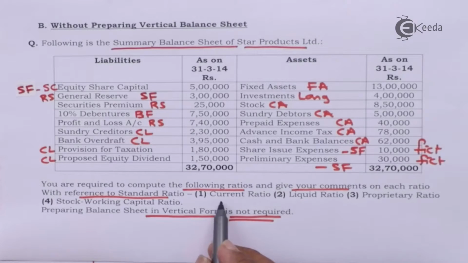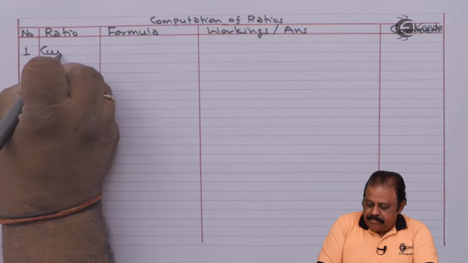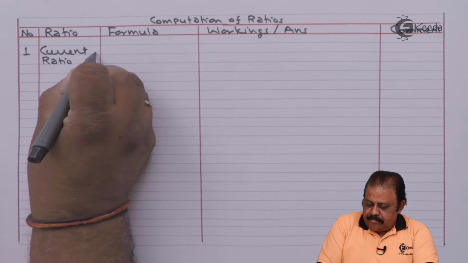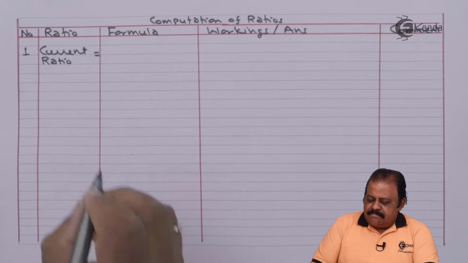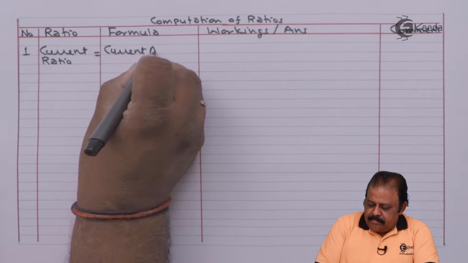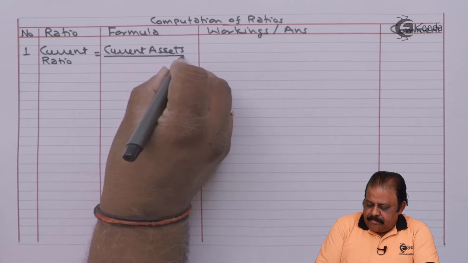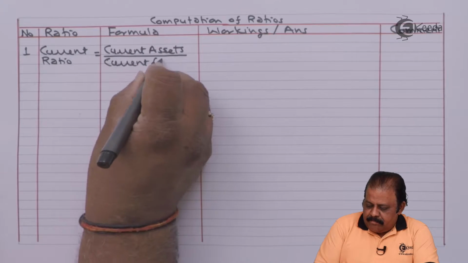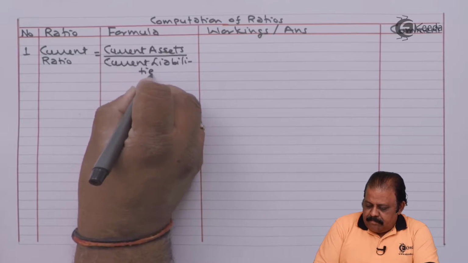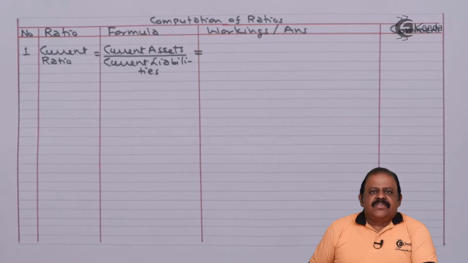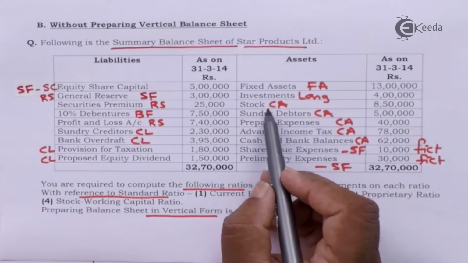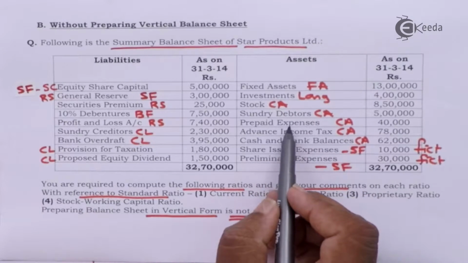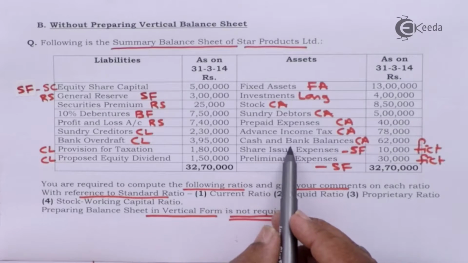First we have current ratio. Formula of current ratio is current assets upon current liabilities from balance sheet. Now we'll take details of current assets and current liabilities. We have marked here current assets: stock, debtors, prepaid expenses, advance income tax, cash bank balance.